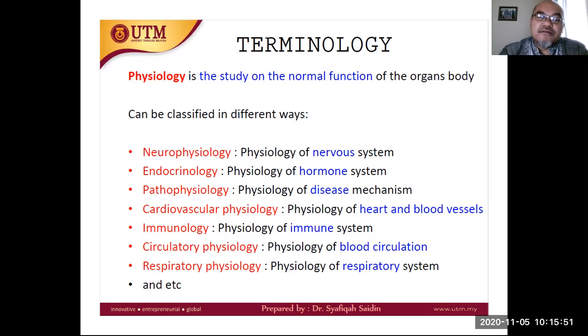We have mentioned, for example, cardiovascular physiology, development of instruments to monitor the heart and blood, for example ECG, electrocardiography, to monitor the electrical signal of the heart when it is beating. And we have mentioned also circulatory and respiratory physiology, to do diagnostics of the patient's respiratory condition, especially the lung. Let's say, for example, COVID-19.